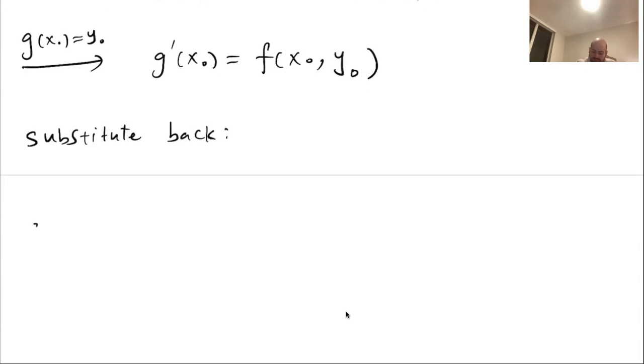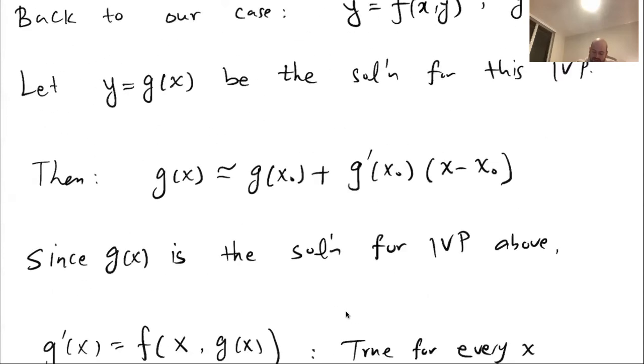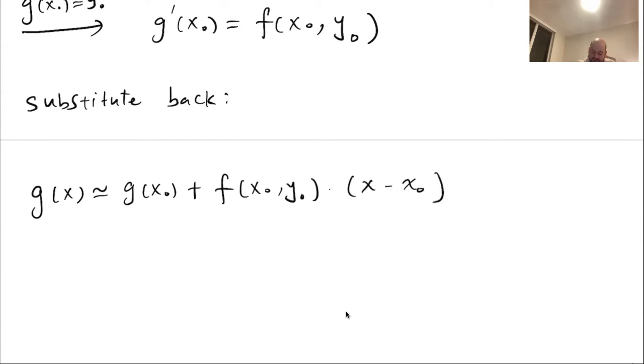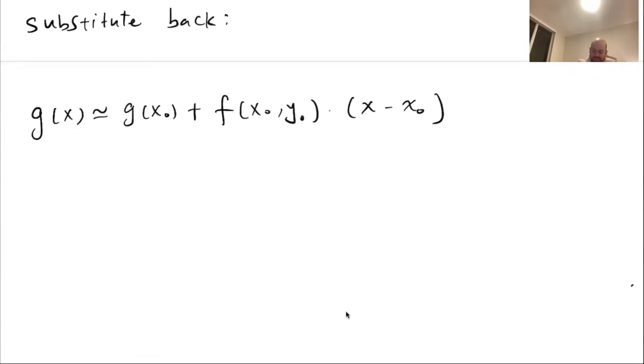Then I'll get g of x almost equal to g of x naught plus f of x naught and y naught times x minus x naught. And finally, our goal was to find y of x1, and I called it g here. So g of x1.